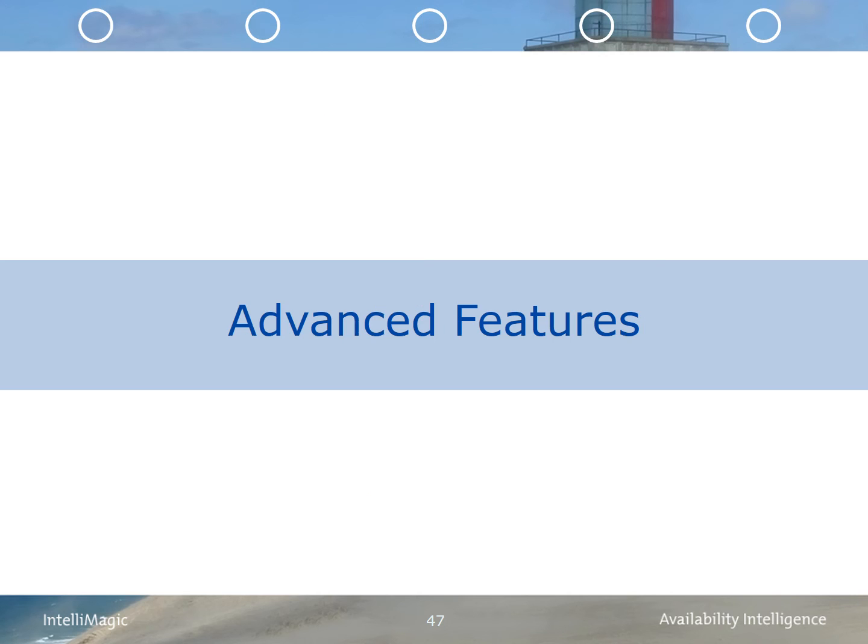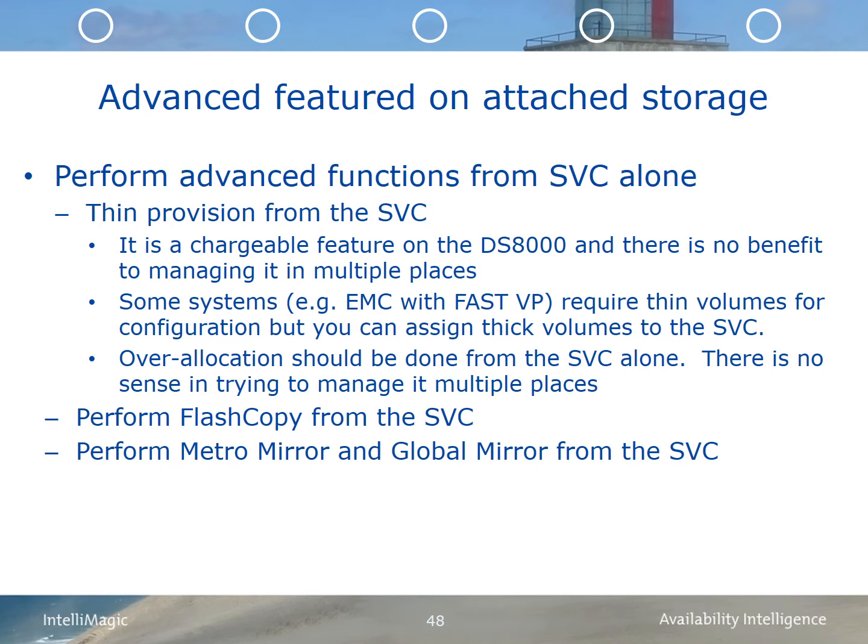In this section, we'll take a look at some of the advanced SVC features, including copy services, Easy Tier, and compression. These are some general guidelines when introducing advanced features. In general, you want to use the SVC to provide the thin provisioning and to also manage the flash copy as well as the DR or replication planning.